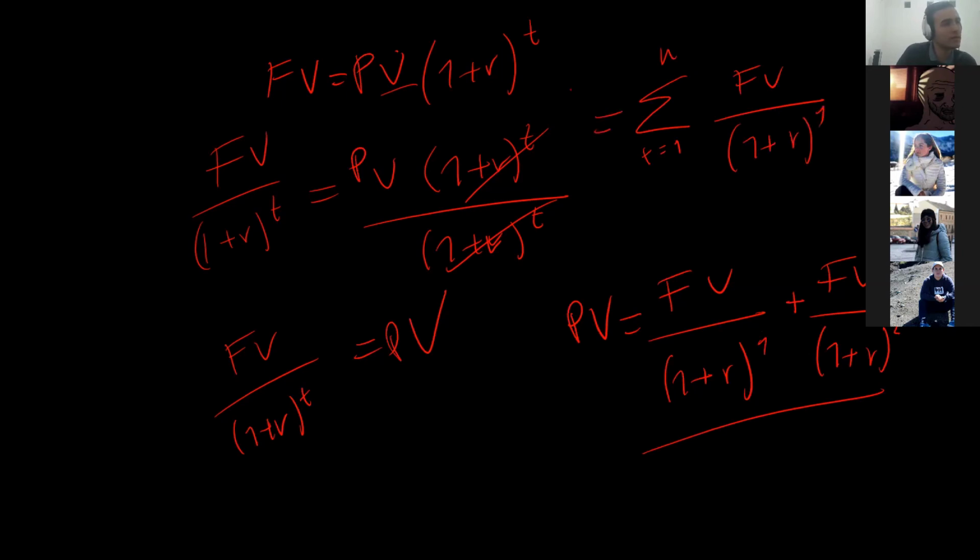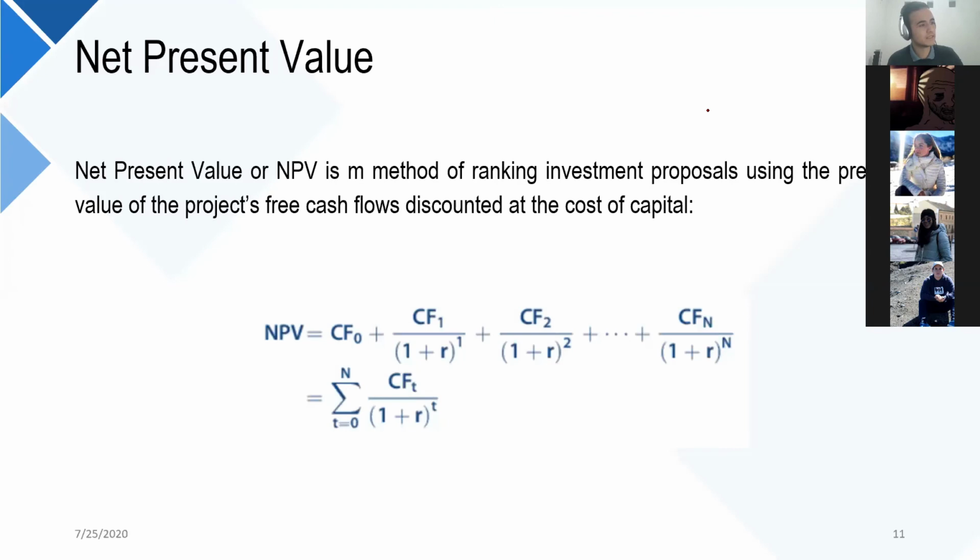And that will be the present value of the cash flows, okay? That's the formula we're going to use to discount cash flows. And in that way, you will have the present value of the cash flows. And that is this formula here, you see? Oh, I'm sorry, it's 0 because you have the first period also. Okay, that is the net present value and that is how it works.